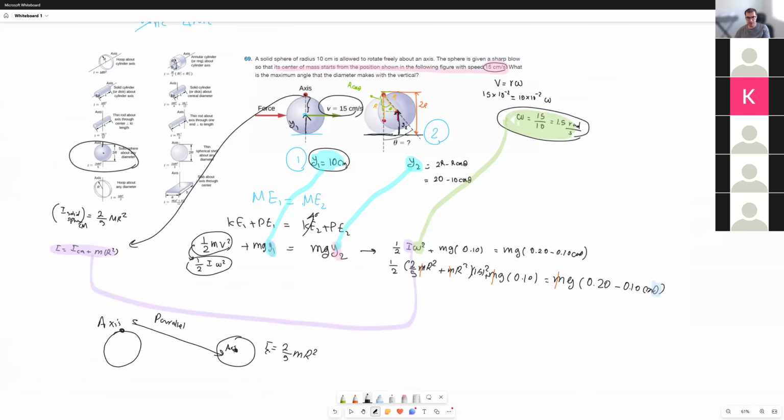Then this is I center of mass. Since this is parallel, you can use the parallel axis theorem. Parallel axis theorem is easy. It says I center of mass plus mass times the distance between the two axes. What is the distance between the two axes? The radius of the circle, right? In this picture, the radius of the circle. That's how you get the I.